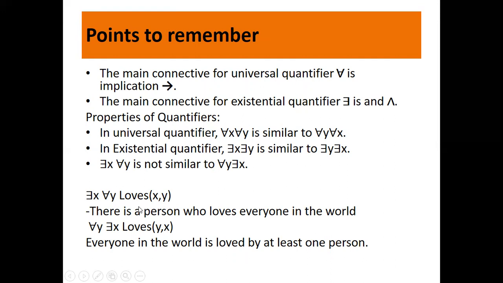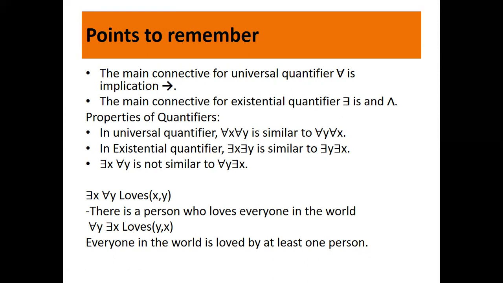Is it fine? Now, the same statement I write the other way around: everyone in the world is loved by at least one person. How do I represent it? Now, everyone means by default the universal quantifier, so you have the universal quantifier y for everyone, and some x, that is one person, is represented by x.